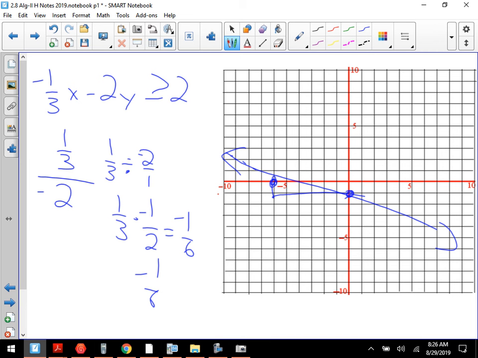You can determine the slope between 2 points, can't you? Worst case scenario for something like this, if you've got the two ordered pairs that are clean, just walk it. It's the easiest way to do it.